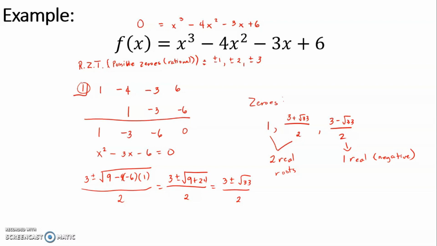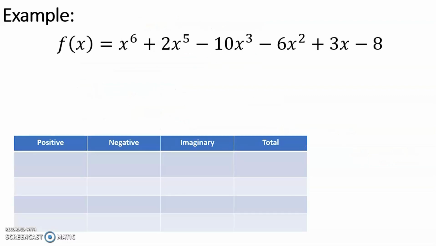Alright? So let's have some more examples using Descartes rule of signs. Now, I have here f of x is equal to x to the 6th plus 2x to the 5th minus 10x cubed minus 6x squared plus 3x minus 8.